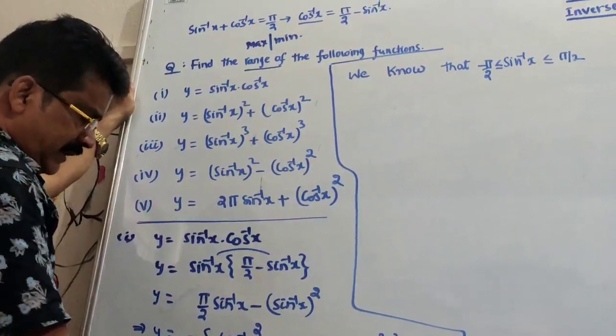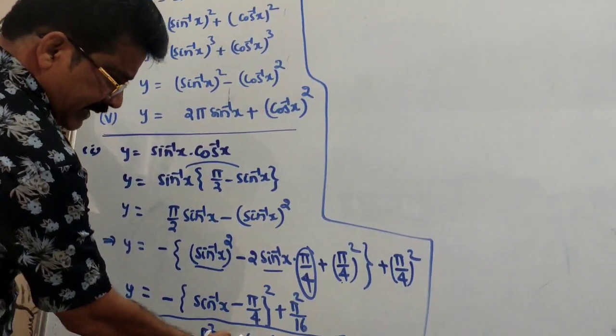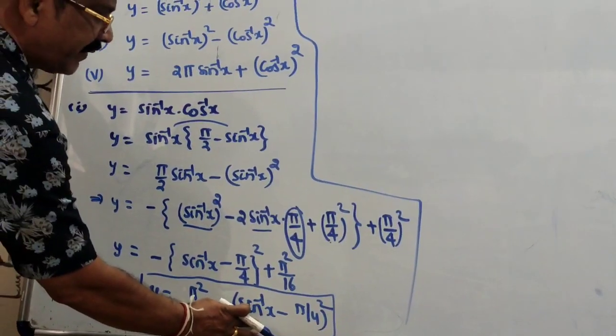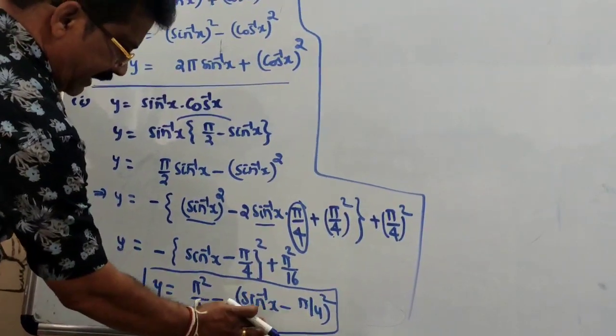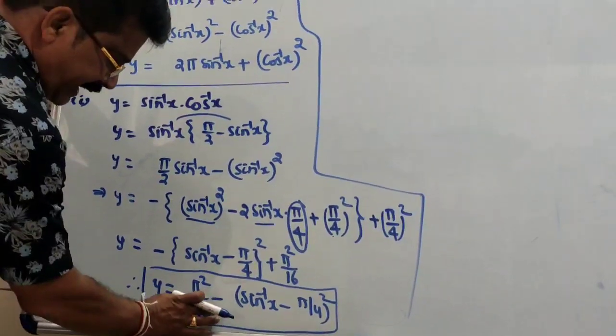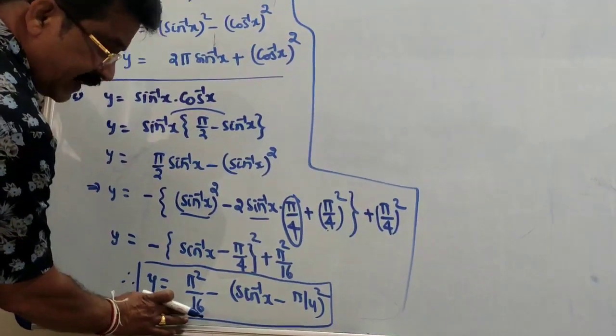First we are getting this function sin inverse of x, later we are subtracting pi by 4, later squaring on both sides, later taking minus pi square by 16, like that.